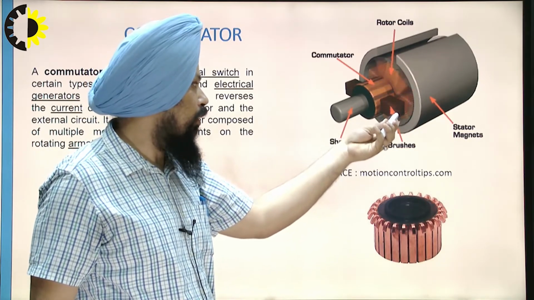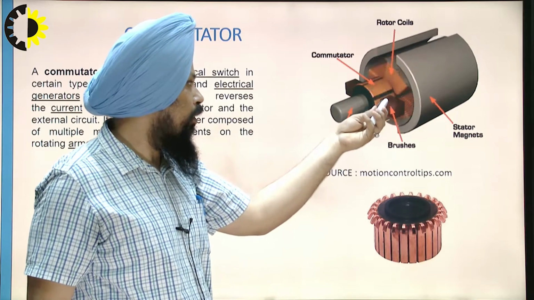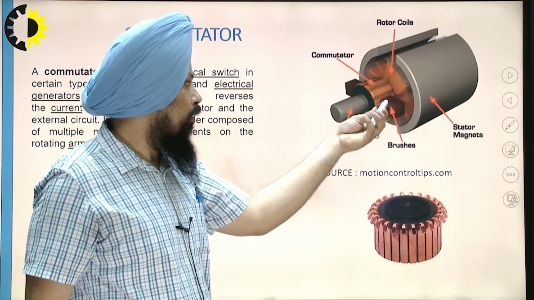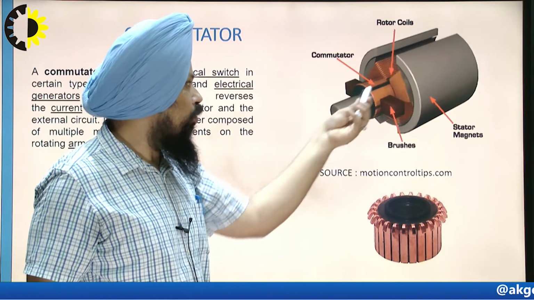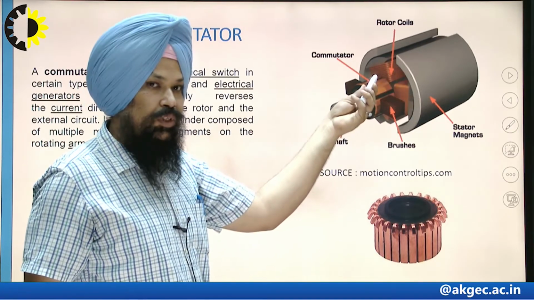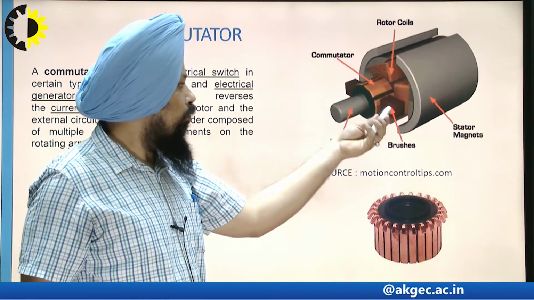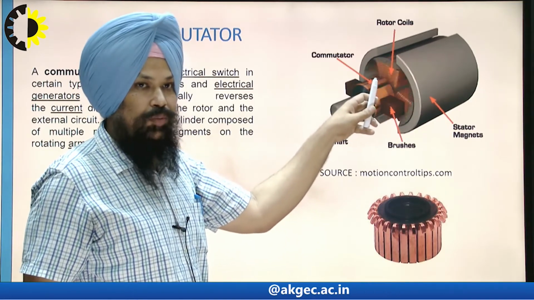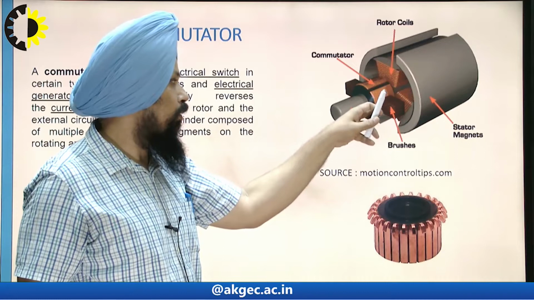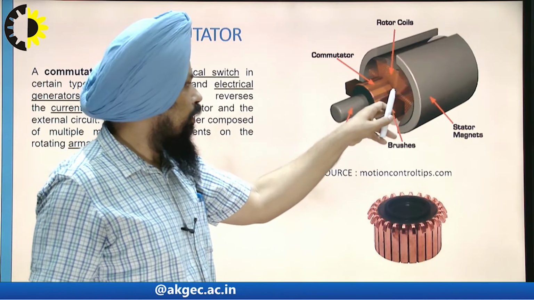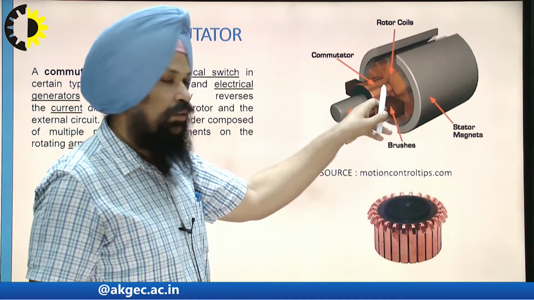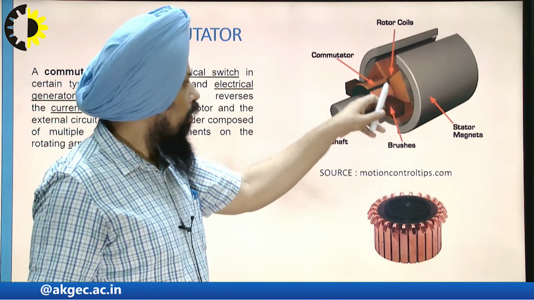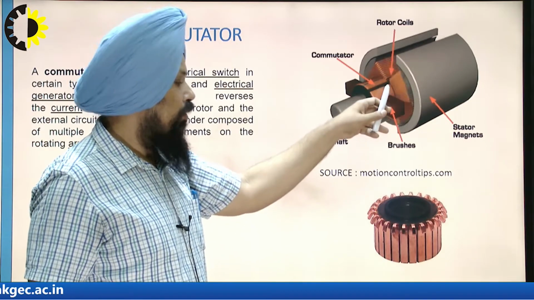The carbon brushes are mounted on the commutator segments, and this whole thing rotates along with the shaft. The carbon brushes are the only medium through which we can give the current as a DC motor, and take the voltage output as a DC generator.